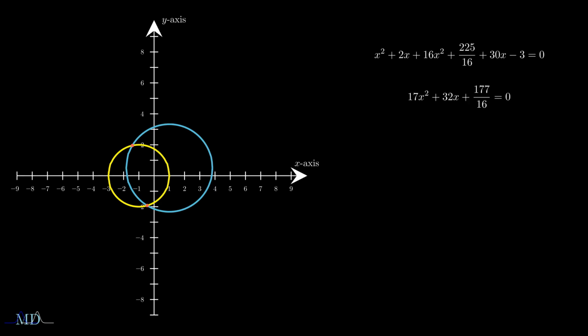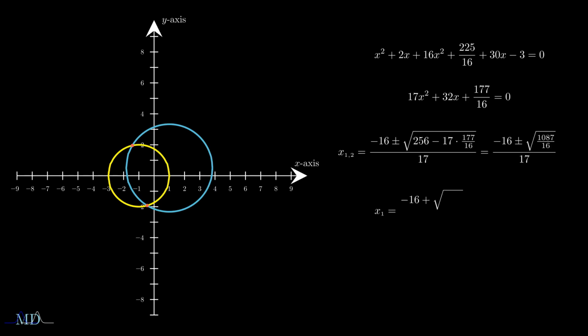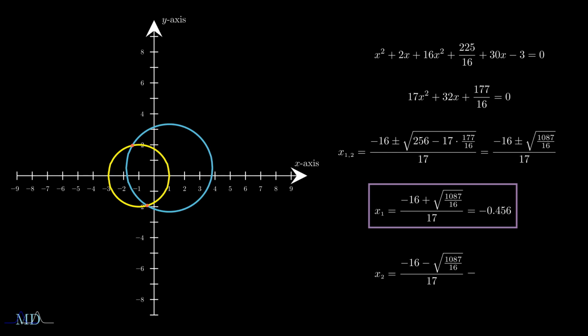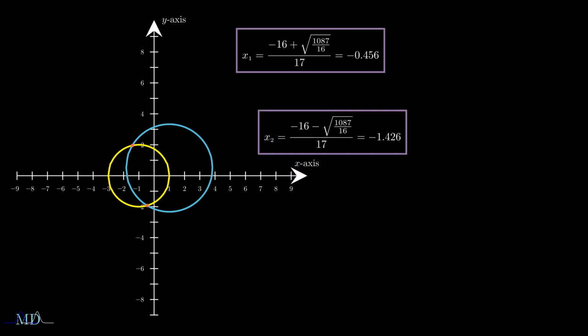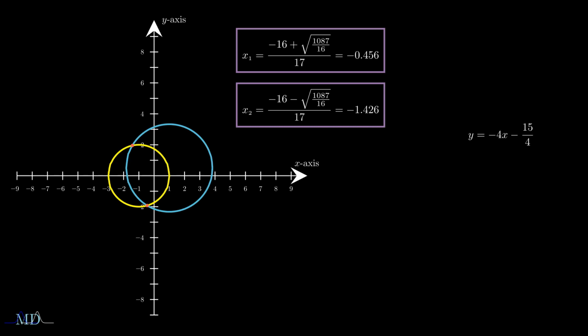We get two values of x that correspond to the two abscissae of the 2 points of intersection. There x1 equals minus 0.456 and x2 equals minus 1.426. To calculate the values of the ordinates, we know that y equals minus 4 times x minus 15/4.